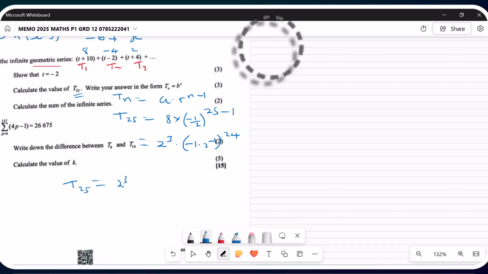So my t25 equals 2 power negative 21. So it gives me what finally here? It gives me 1 over 2 to the power 21, final answer here, t25. I hope guys we are together.